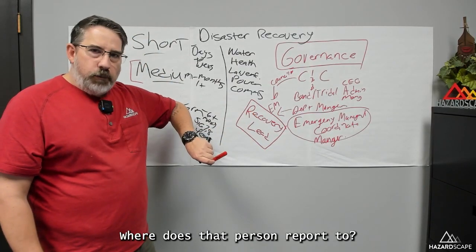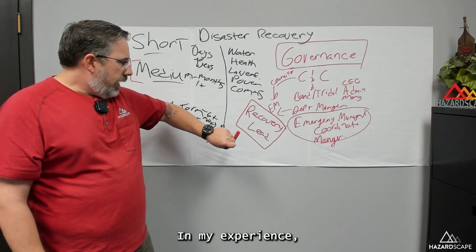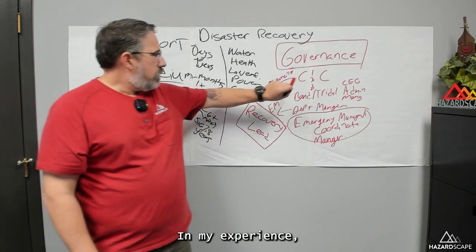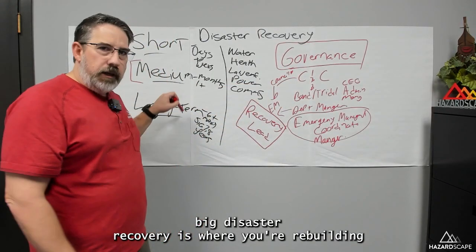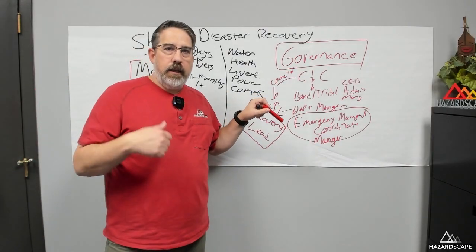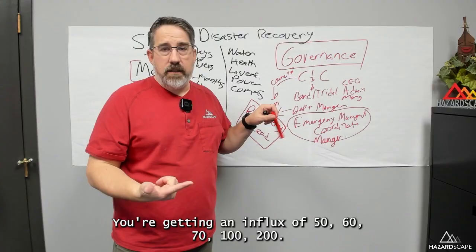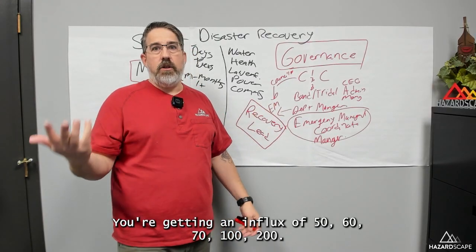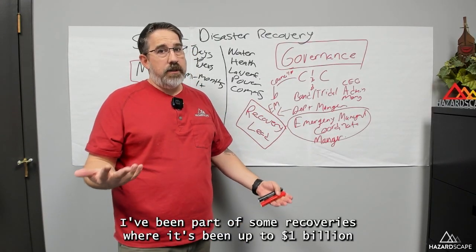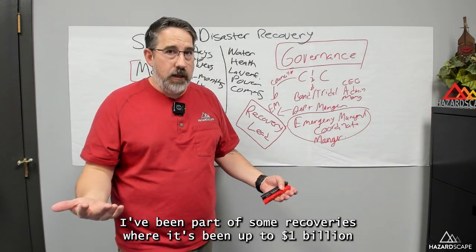Where does that person report to? In my experience, big disaster recoveries where you're rebuilding dozens of homes, you're getting an influx of 50, 60, 70, 100, 200. I've been part of some recoveries where it's been up to $1 billion.